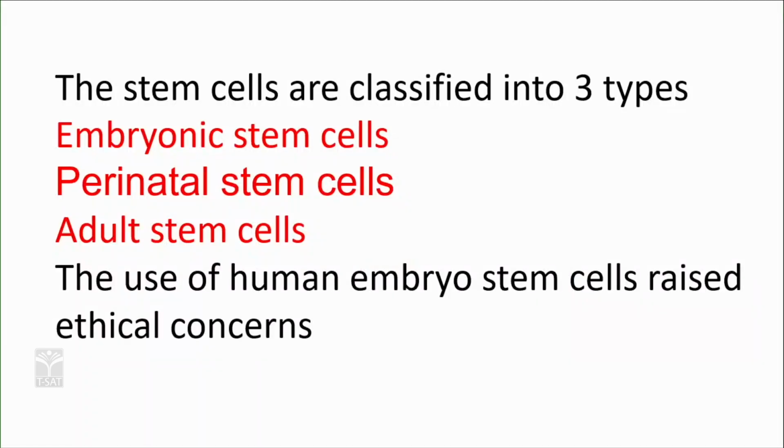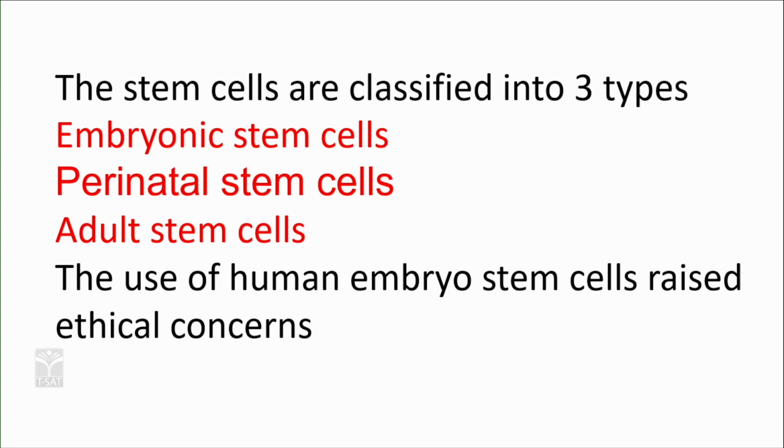Based upon replenishing and differentiation capability, stem cells are classified into embryonic stem cells, also known as primary stem cells, perinatal stem cells and adult stem cells. Adult stem cells are also known as matured stem cells.